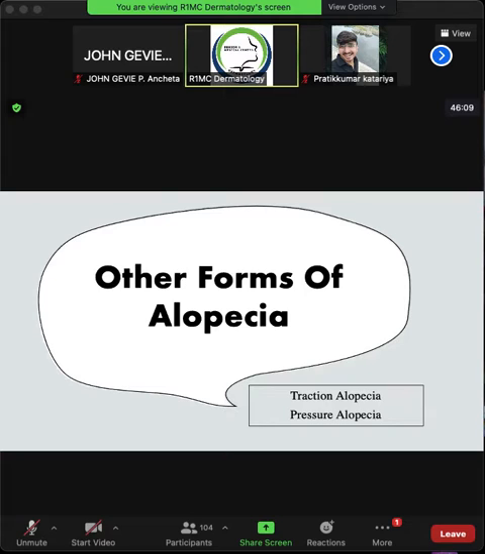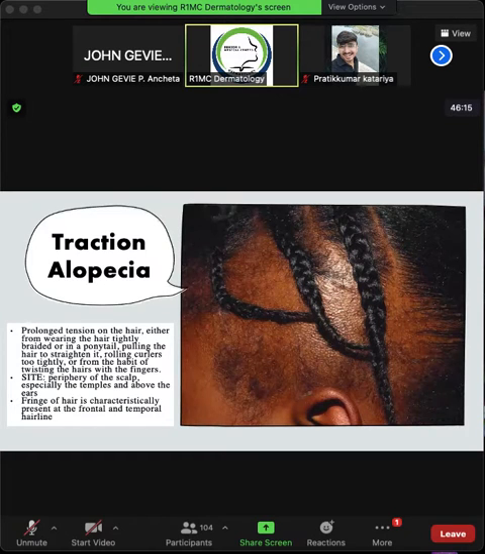Other forms of your alopecia include traction alopecia and your pressure alopecia. Your traction alopecia occurs mainly due to prolonged tension of the hair, either from wearing the hair tightly braided or in a ponytail, or pulling the hair to straighten it, or rolling curlers too tightly, or from the habit of twisting the hairs with the fingers.